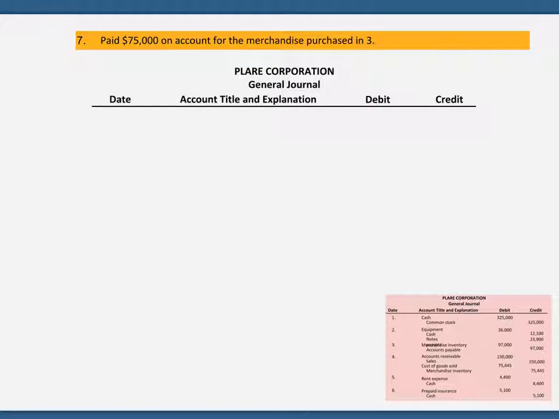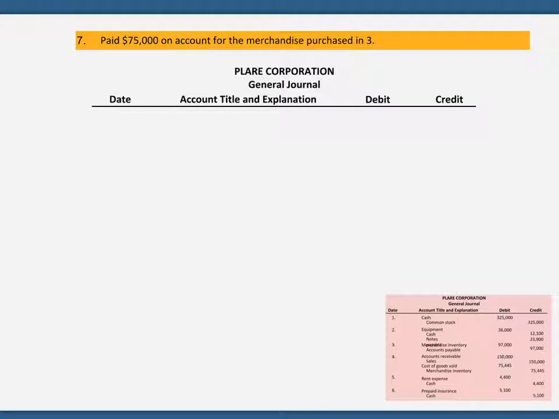Number 7, the company paid $75,000 on account for the merchandise purchased in 3. So let's look down here again at our transaction from number 3 in the pink box. Inventory was debited for $97,000. Accounts payable was credited $97,000 from where we purchased inventory.